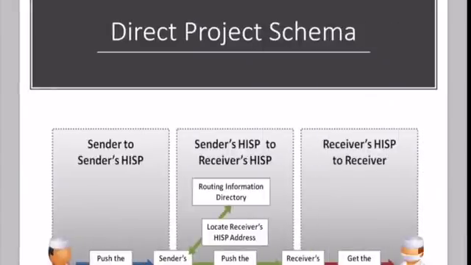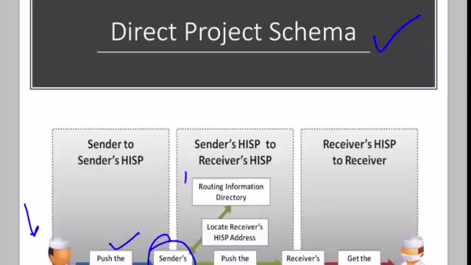Now this is the schema, the architecture of the Direct project. For example, this is a paramedic and he would like to send some information to this person. So he will write the message and push the message, and this message will not go directly to that person. Rather, it will go to the HISP, because the HISP will check whether the message is according to their standard.